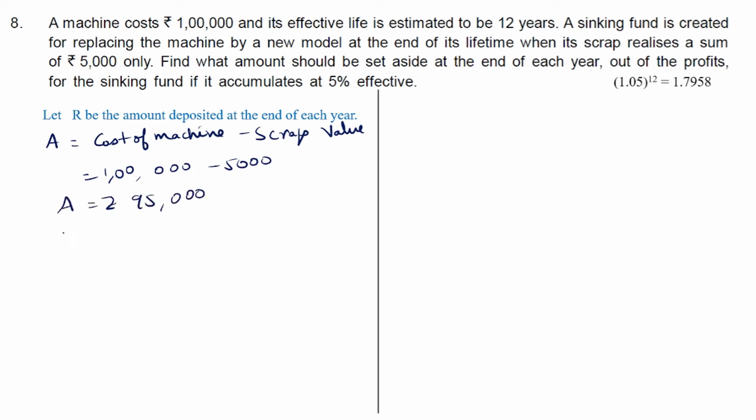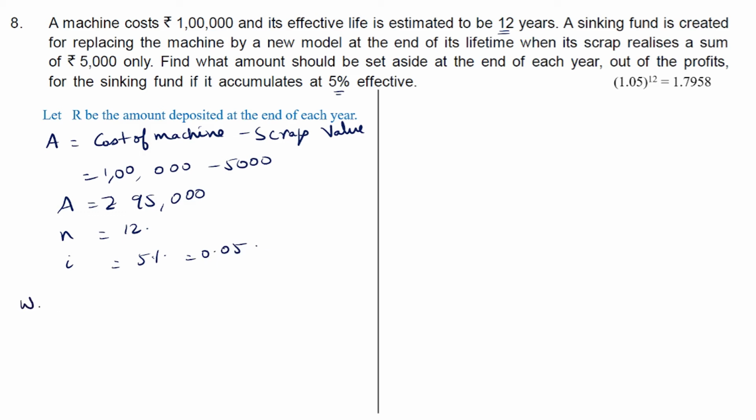This is A. And next we have N. N is the number of periodic payments or number of installments. It is 12. And the rate of interest is 5% effective. So here the amount is allocated at the end of each year. So N is 12 and I is 5%, or 0.05.